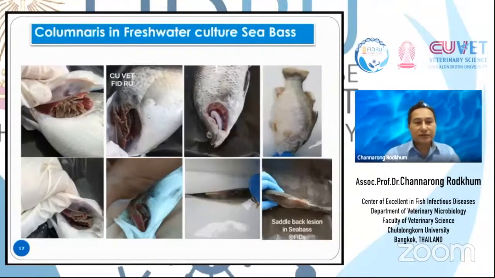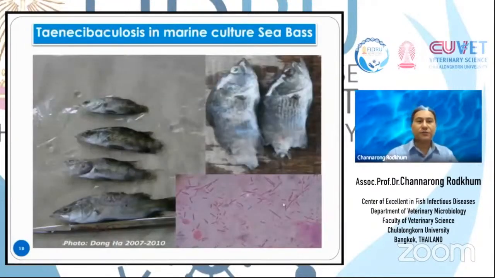Clinical signs are similar to tilapia also, including gill necrosis, fin rot, and tail rot. You may see saddleback lesions, like the white bar on the dorsal fin of the fish also.